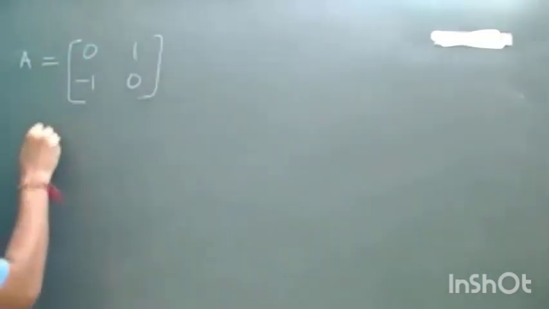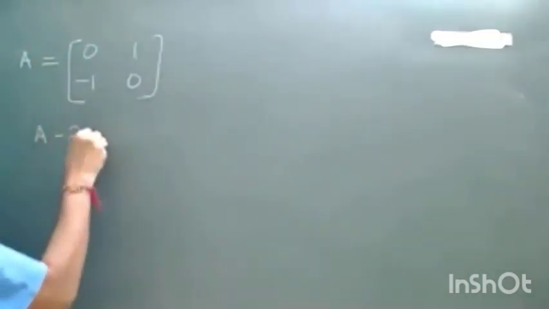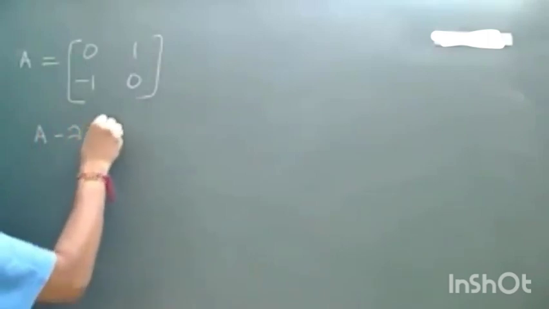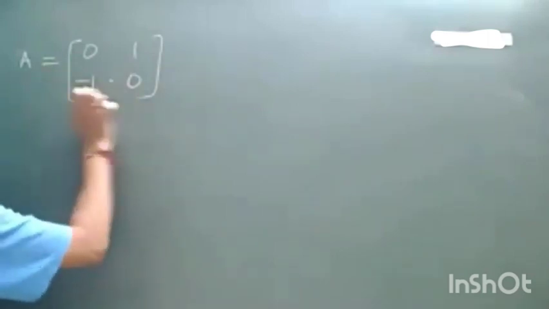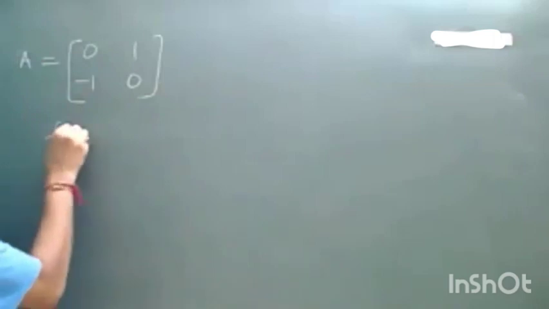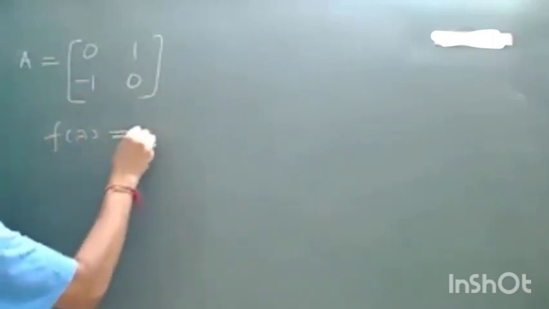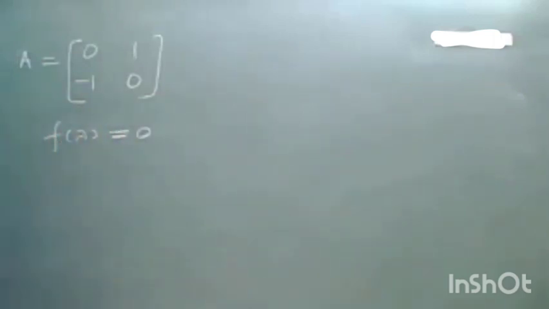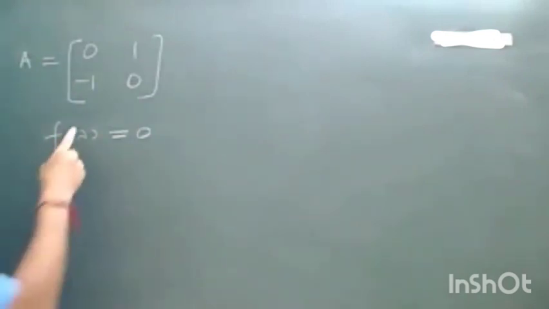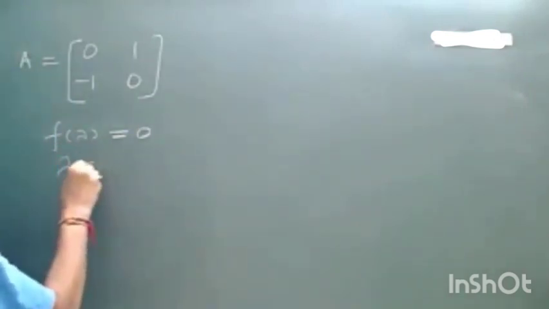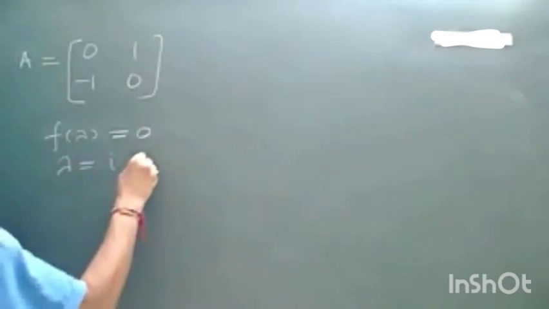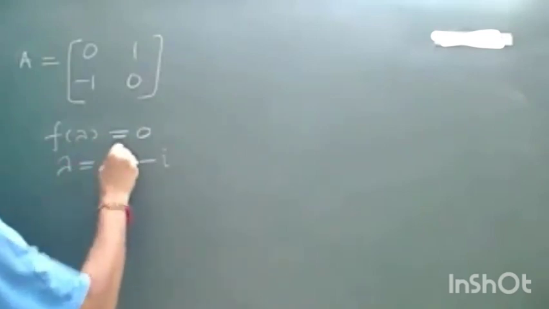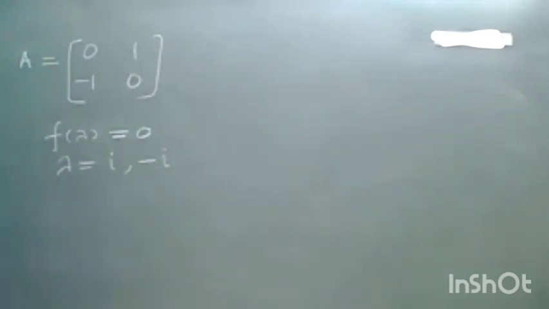So what is A minus lambda I? The determinant of A minus lambda I is equal to 0. This will be the equation. And what is the value of lambda? Iota and minus iota. And please see what type of matrix this is.